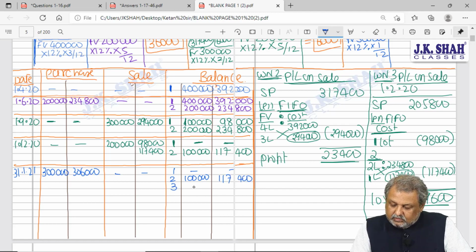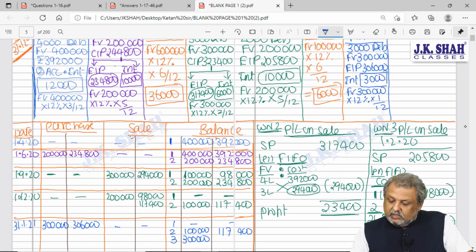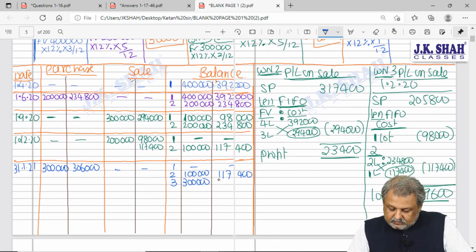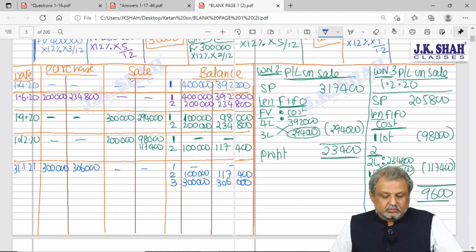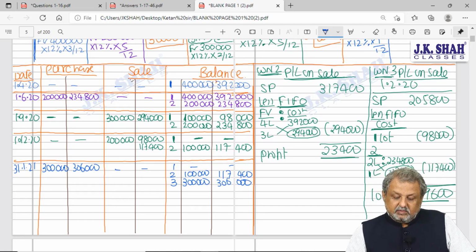Now lot number 3 is 3 lakhs, but it will be 3,06,000. Understood, everybody?